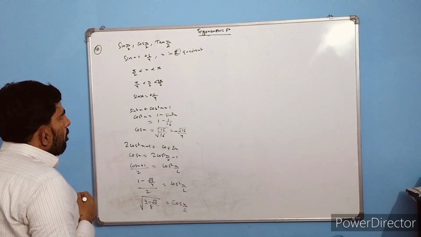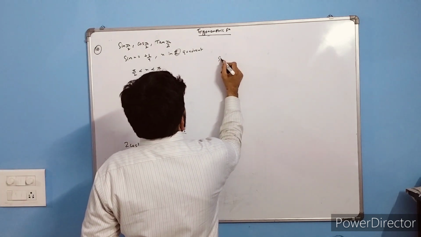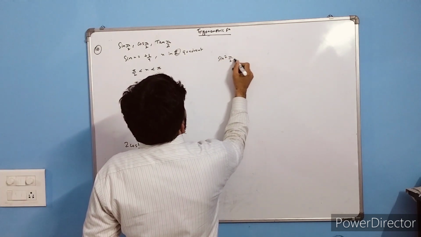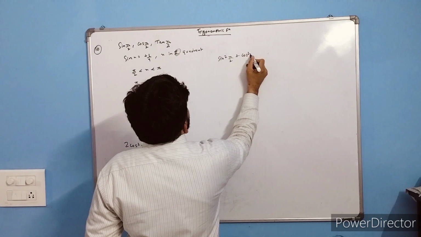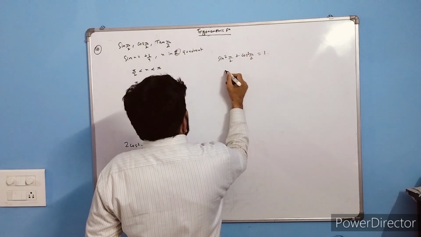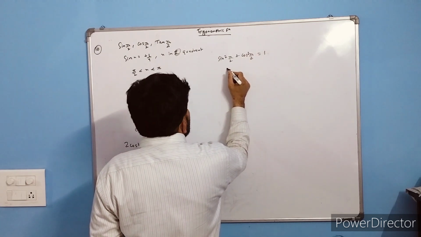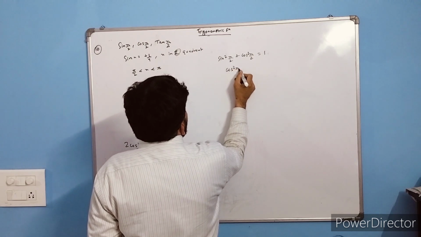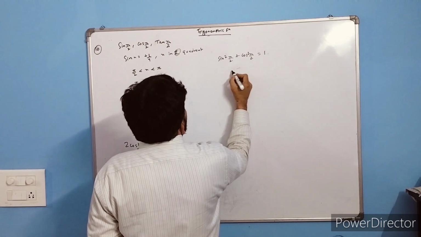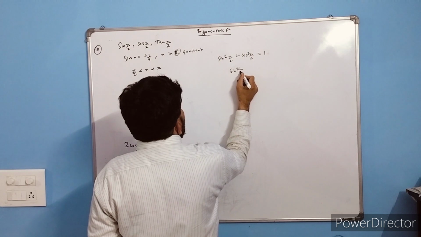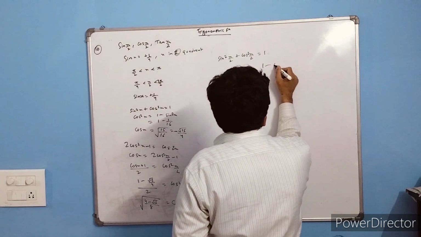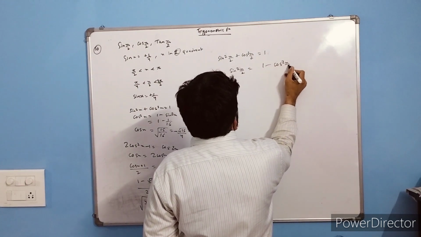Now we can easily find the value of sin x by 2. Sin square x by 2 plus cos square x by 2 is equal to 1. We need to find the value of sin square x by 2, so sin square x by 2 is equal to 1 minus cos square x by 2.